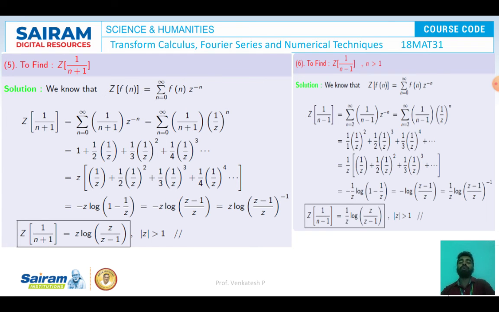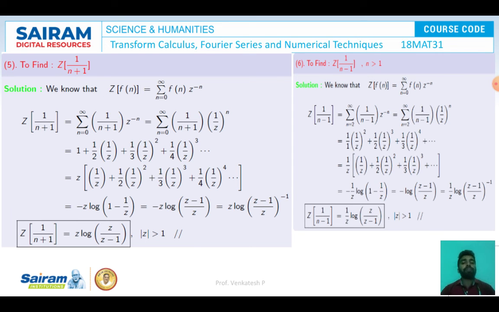So this will be equal to minus z log of (1 minus 1 by z). By taking LCM, we got minus z log of (z minus 1 by z), or z into log of ((z minus 1) by z) whole power minus 1. So therefore z transform of 1 by n plus 1 will be z into log of (z by z minus 1) with the condition mod z is greater than 1.